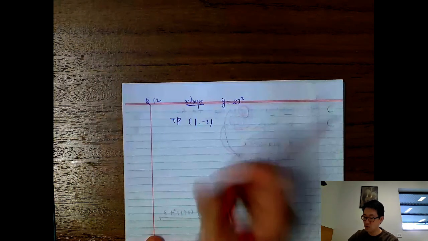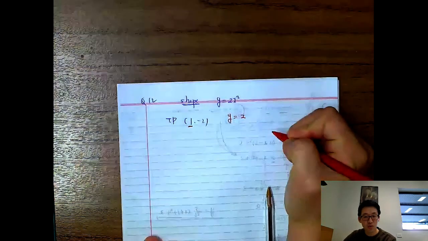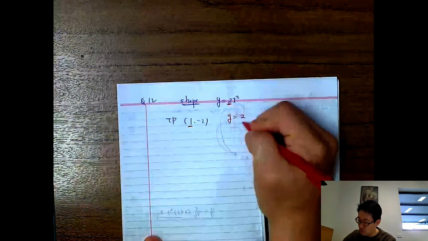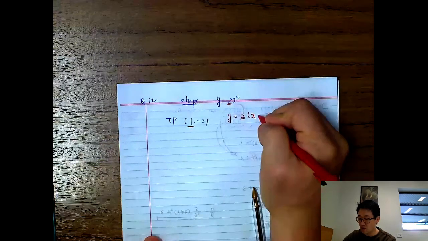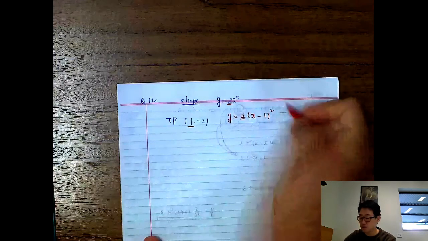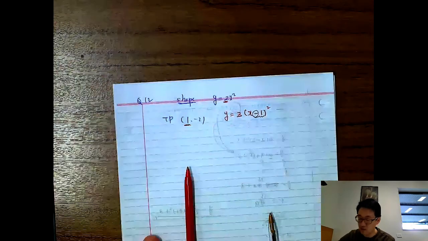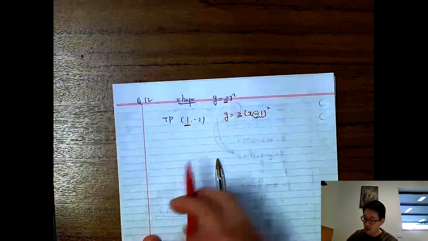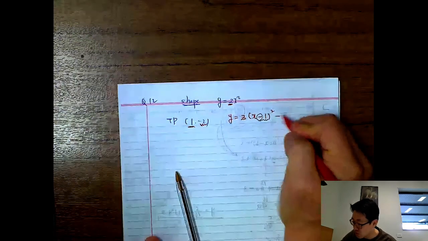So all I need to do, y equals 2, still the same. x moved how much? 1. Therefore, I have to write down (x minus 1) squared. Excellent. Make sure you go opposite sign for x, only x. And then I moved how much? Minus 2.